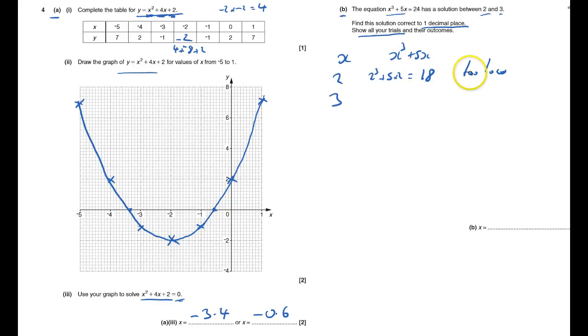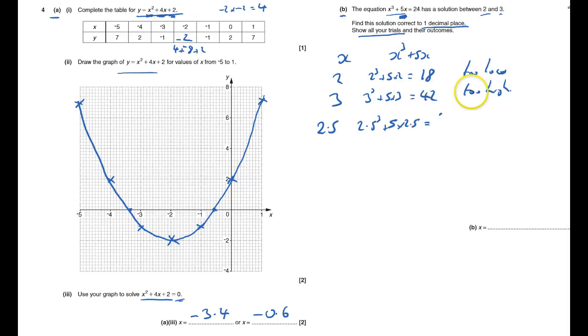I'm going to try 3. 3 cubed plus 5 times 3 is 27 plus 15. That's 42. That's too high. So now I'm going to try in the middle. 2.5. And I've got to do 2.5 cubed plus 5 lots of 2.5.